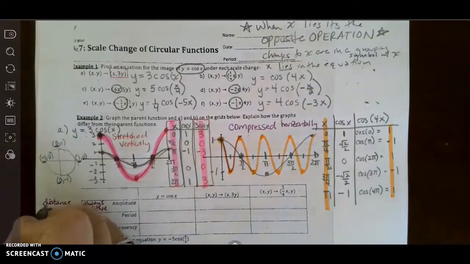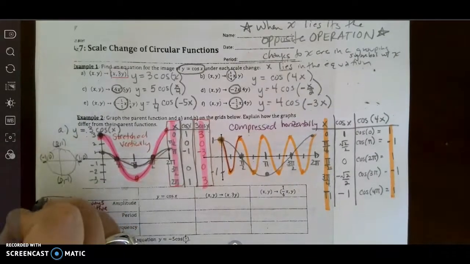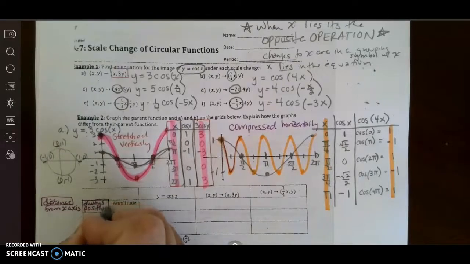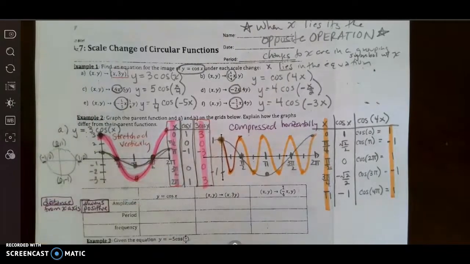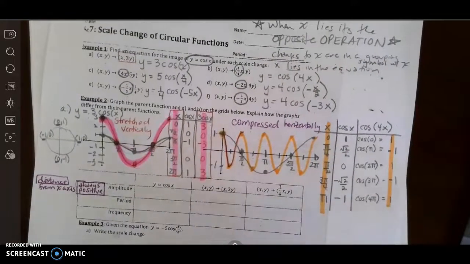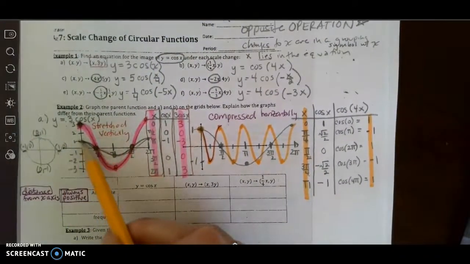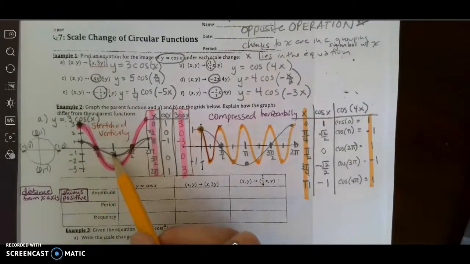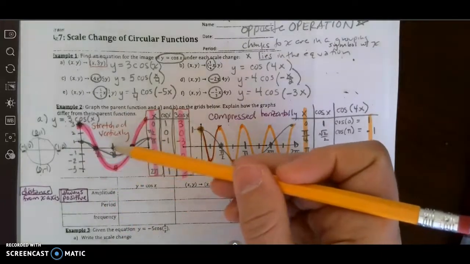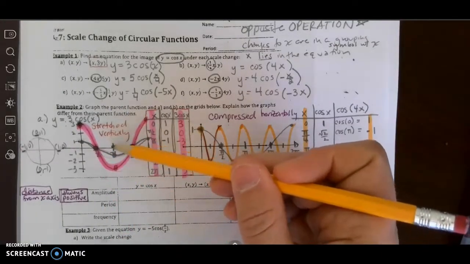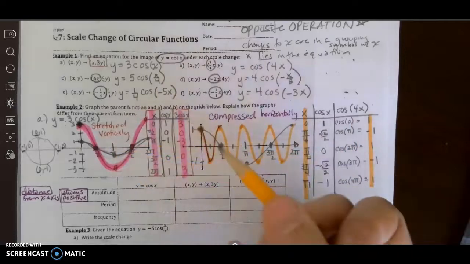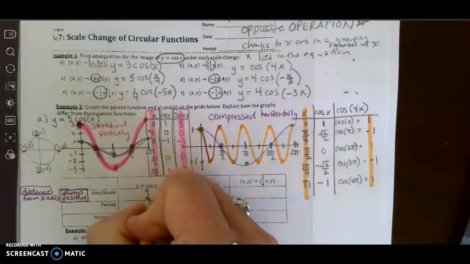So because it's distance, that's why it's always positive. I'll show you what I mean. For the cosine of x, the distance from the axis, we go up 1 or we go down 1. Our distance from the x-axis is 1 up or 1 down. So the distance is 1.